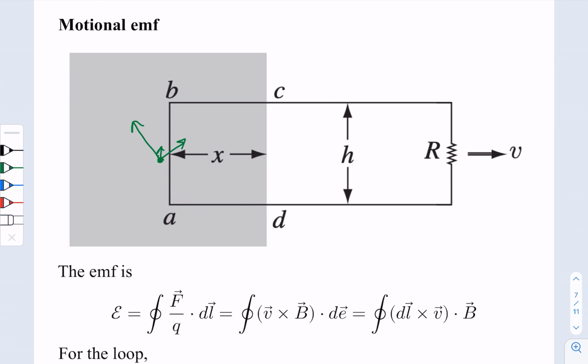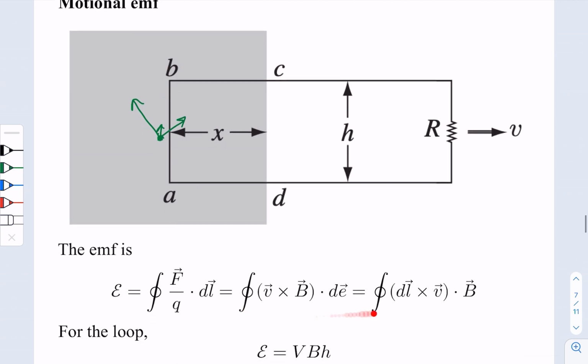So if you integrate exactly this, the force over unit charge, F over Q, you will obtain the EMF. If you work this out, you will get the integral of dl cross v times B.